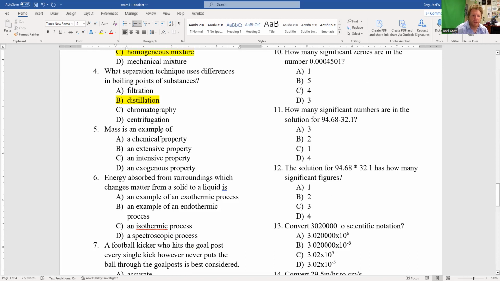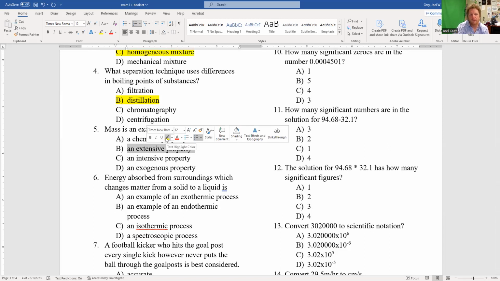Mass is an example of a chemical property, an extensive property, an intensive property, or an exogenous property. It's not a chemical property, it's a physical property. And then is it an intensive or extensive property? Now, I always think of an extensive property to illustrate the extent of that substance. So mass is an example of an extensive physical property.